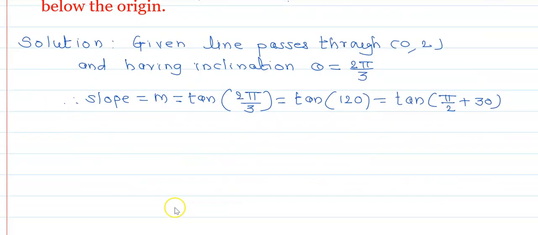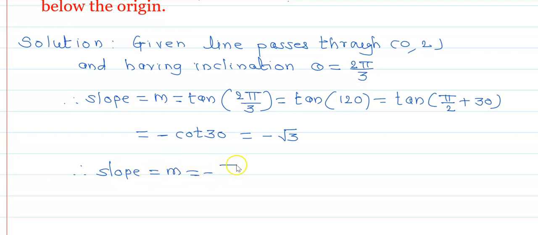Then here you will get minus cot of 30. And cot 30 is root 3, and here the minus sign. Therefore, slope is m is equals to minus root 3.